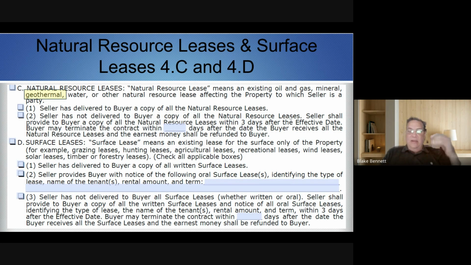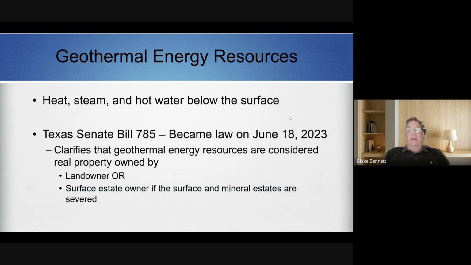That was added. What is geothermal? Well, it's heat and steam and hot water below the surface. Texas Senate Bill 785 became law June 18, 2023. It says geothermal energy resources are considered real property. They're owned by the landowner or the surface estate owner if the surface and mineral estates are severed. So geothermal was added.